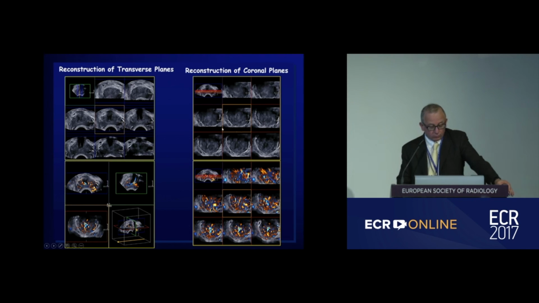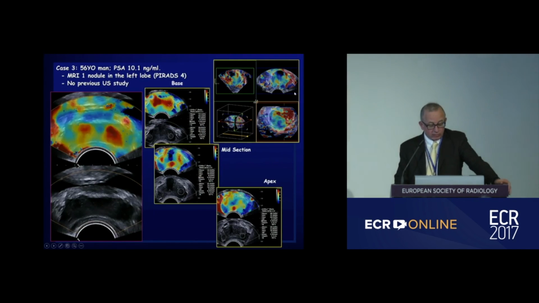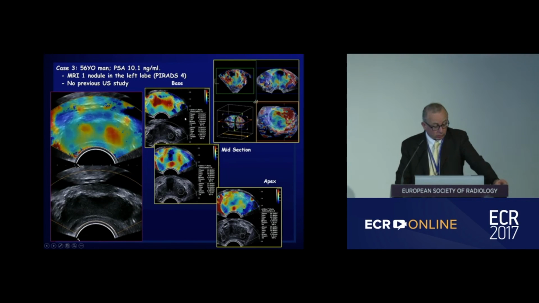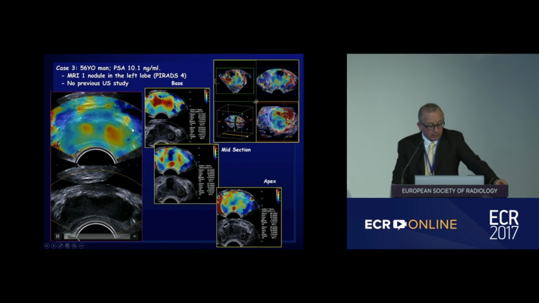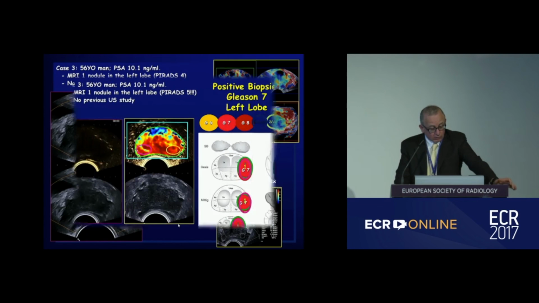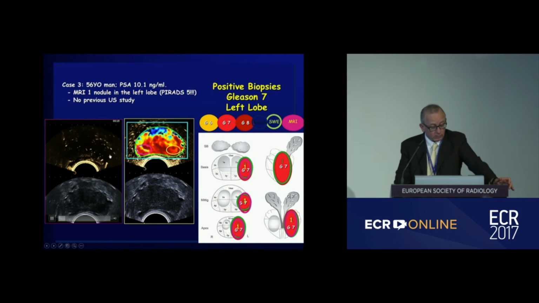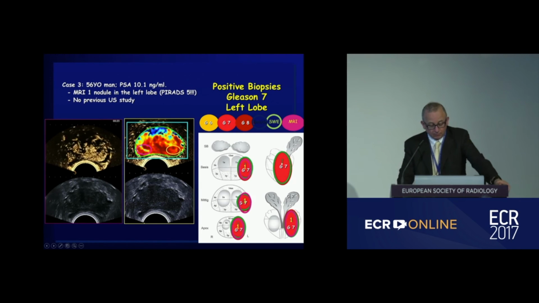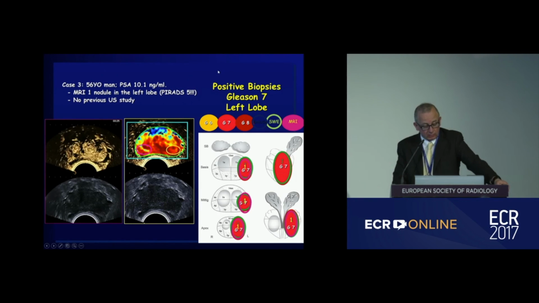You see the Doppler reconstructions and the shear wave reconstructions, and you see that the lesion is really stiff. As you can see, it's quite obvious. And then with contrast, you see very strong enhancement in the entire left lobe, and biopsy confirmed Gleason 7 lesions.